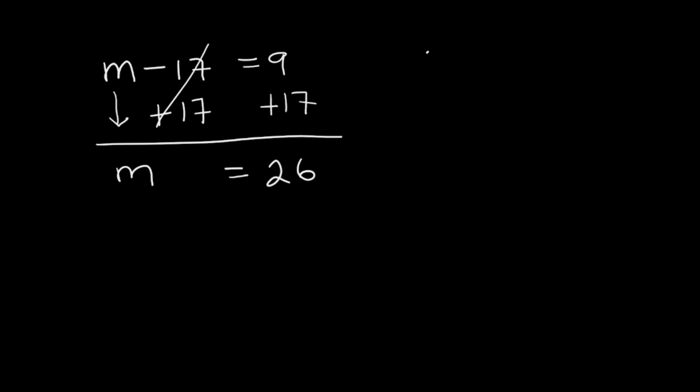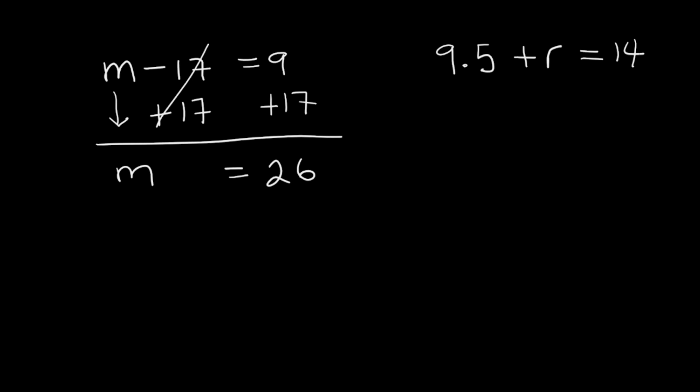Now, here's another example. What if we had 9.5 + r = 14? Seeing this decimal number should not change how you approach a question.